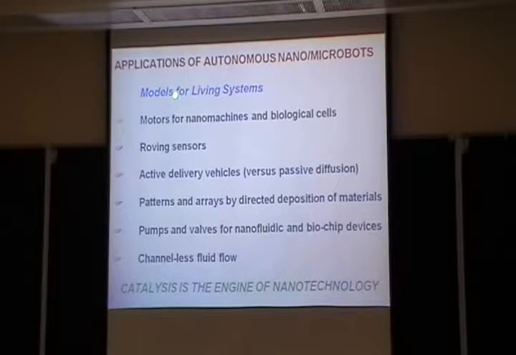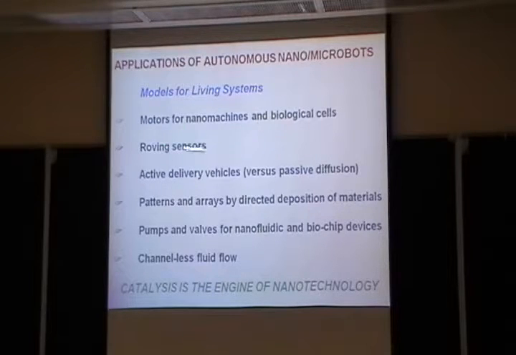For a variety of reasons, as models for living systems. Living systems are beautiful, but they have one big problem. They tend to die. You have to treat them well, you have to feed them, and so on. These things don't care. They do not need TLC.